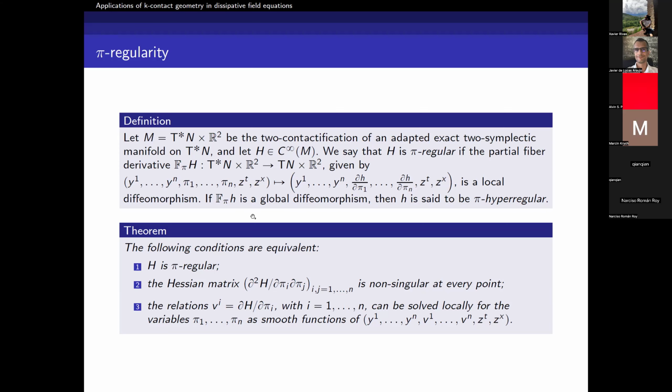Similarly, if it is a global diffeomorphism, then it is hyperregular. We also have equivalent conditions. If H is pi regular, then the Hessian matrix is non-singular at every point. And also, what is the most important, the pi can be solved: they can be represented as smooth functions of y, v, and z.